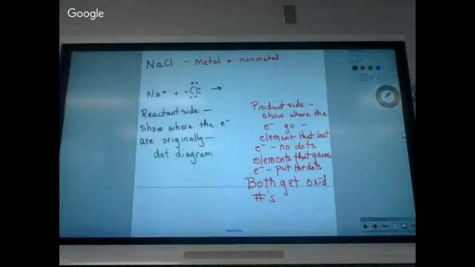So elements that lost the electrons get no dots. Elements that gain the electrons, you put the dots on. And both get oxidation numbers.